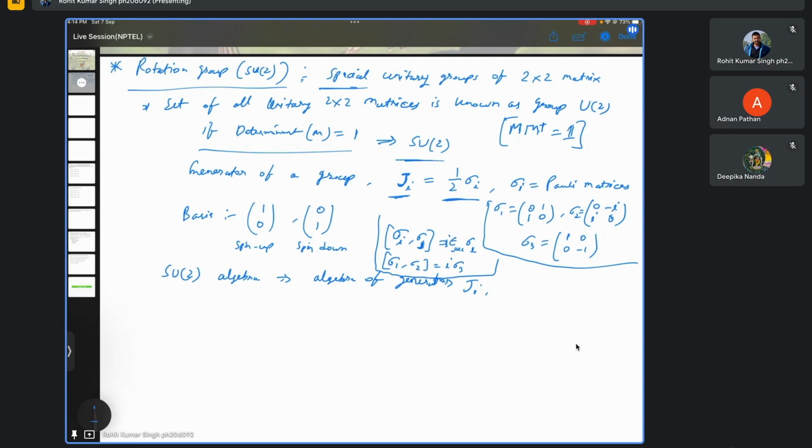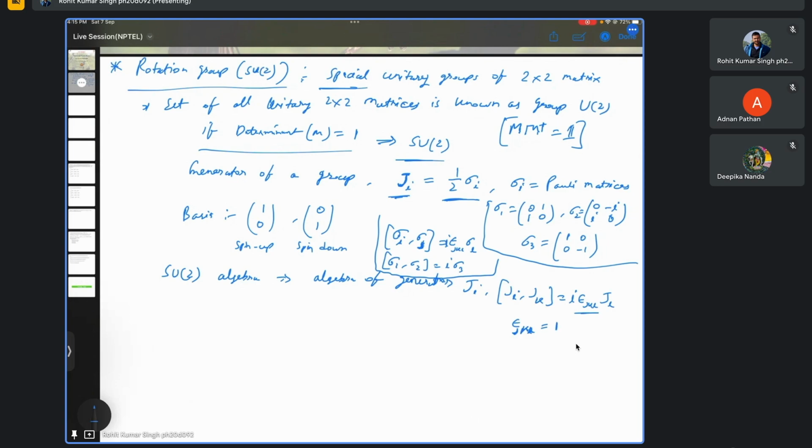Similarly, in general, we can say that the algebra of the generators J_i is like this: the commutator of J_j and J_k equals i epsilon_jkl J_l. This epsilon has a name, I forgot it.